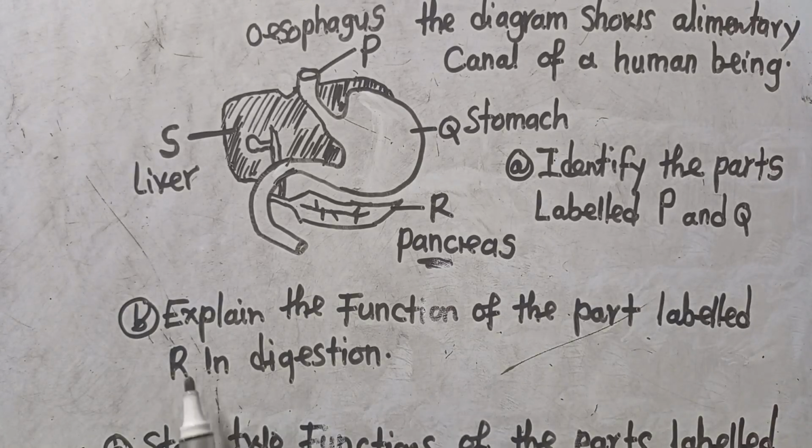We move now to the questions. Question B is saying, explain the function of the part labeled R in digestion. This is a pancreas. So what is the function? These parts that are labeled there don't have one specific function; they have a lot of functions.